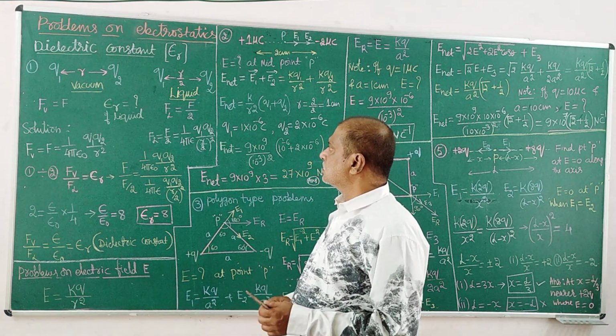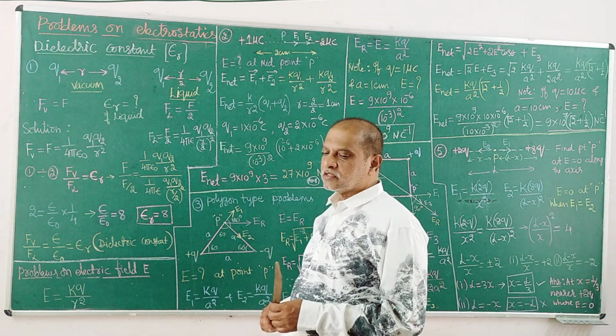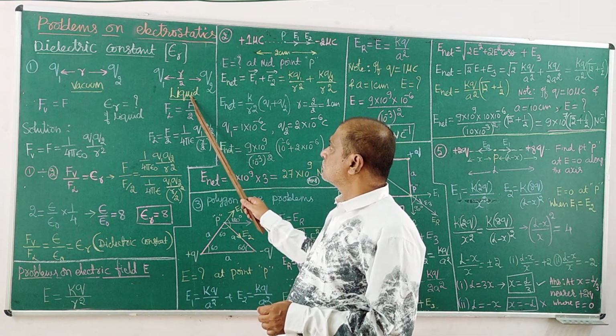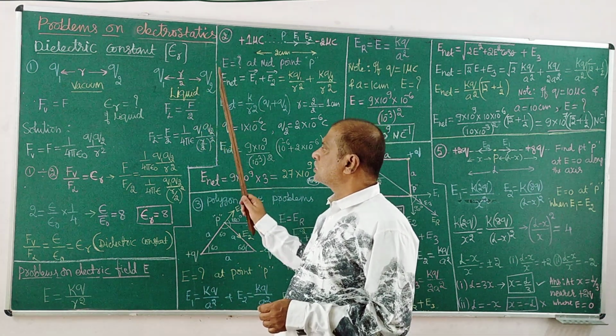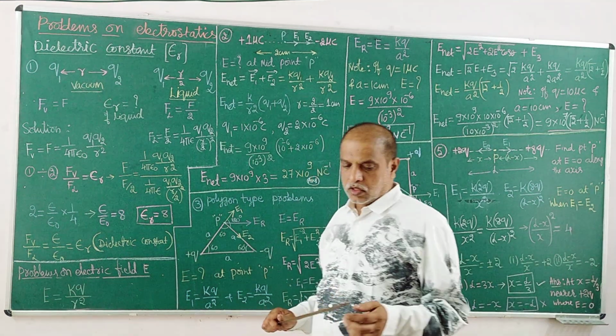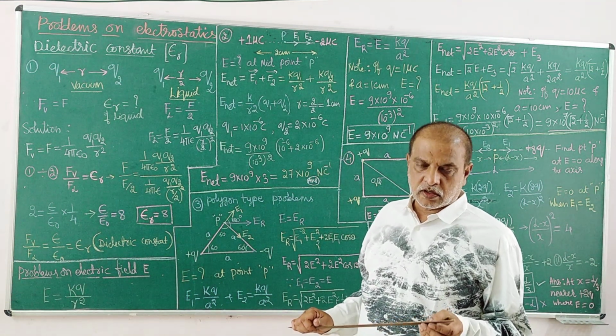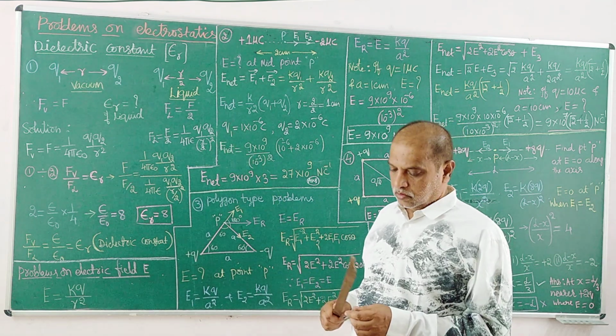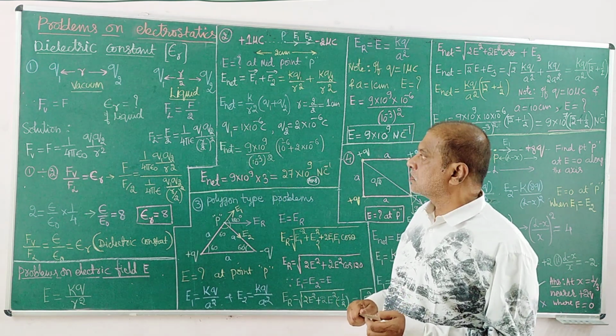If that is the case, what is the dielectric constant of this liquid taken in between these two charges? It is a calculation of the dielectric constant of a material. So like this, we are calculating the dielectric constant.